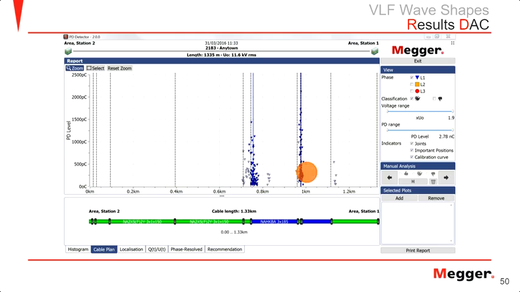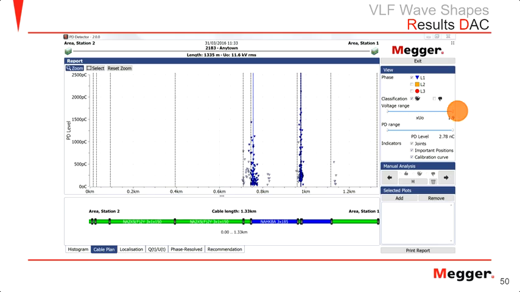You see the intensity of partial discharge here, and this one was not even visible on the sine wave. So it gives you a much higher level of partial discharge as well, 250 picocoulombs versus now you have 1500 to 1800 picocoulombs, somewhere in that range. So it gives you much more visibility in this case.